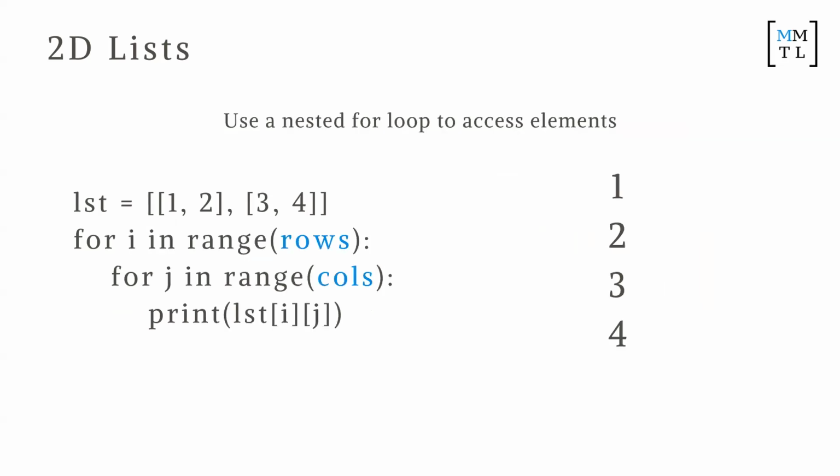All right, so double for loops are very powerful when it comes to dealing with 2D lists. For example, if we have list equals 1, 2, 3, 4, for i in range rows, and then for j in range columns, if we print list i j, it'll print out 1, 2, 3, 4.